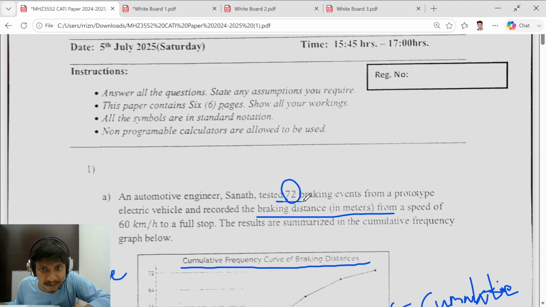They tested 72 breaking events. Therefore, that is the n.